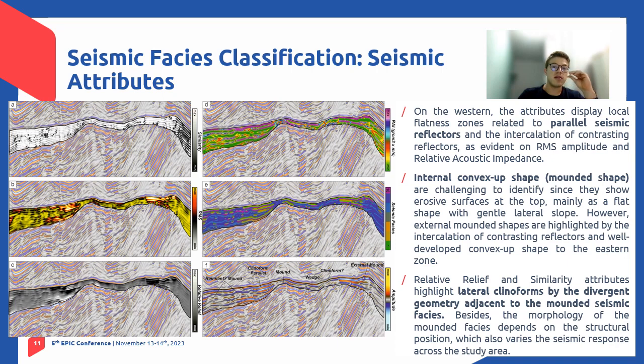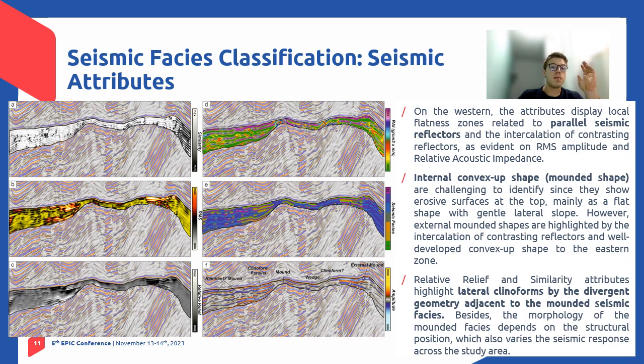In the internal convex subshape related to the internal mounded seismic facies, it's really challenging to identify because they show erosive surfaces that are mainly flat and generate gentle lateral slopes that are difficult to identify.